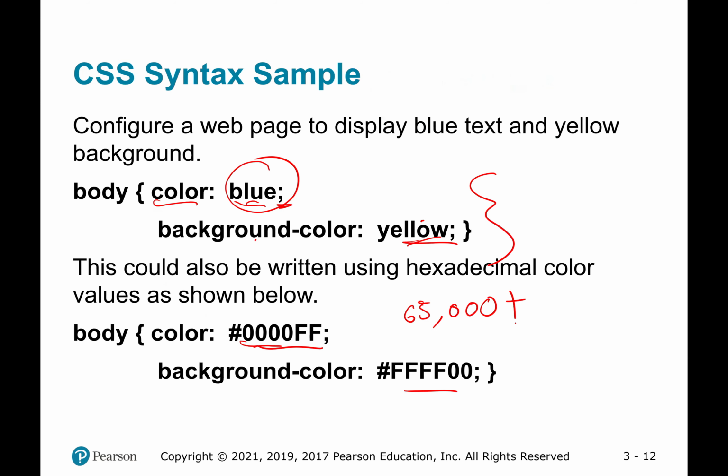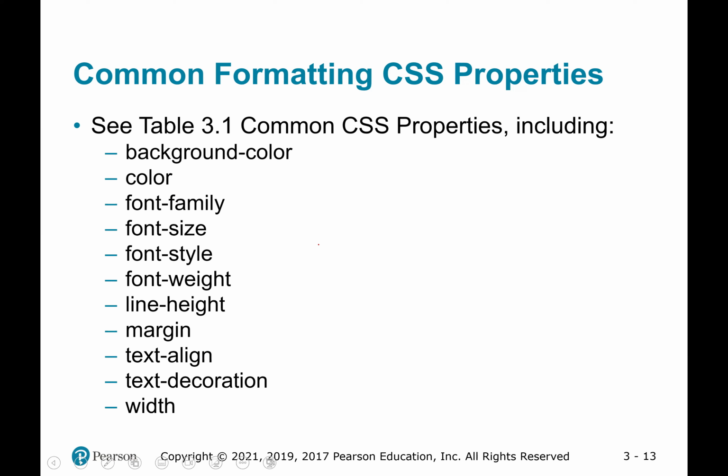Okay, so going back to the question, how do I know what properties we have? So here are some of the properties. These are the common properties for creating CSS rules. So background color, color means text color.